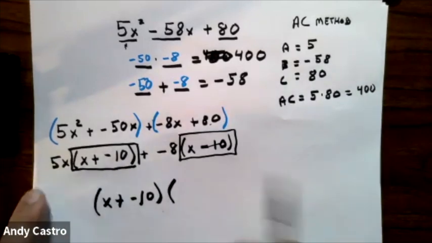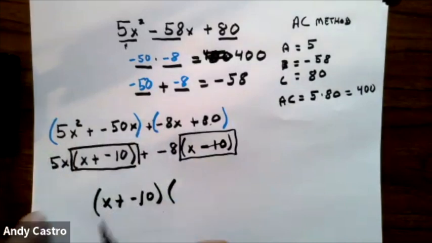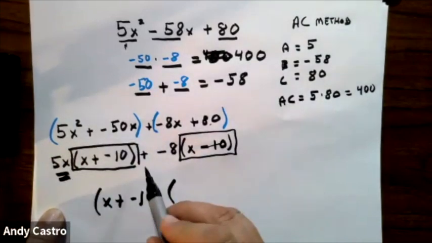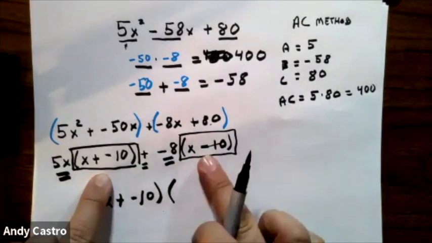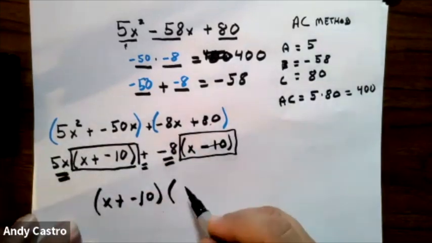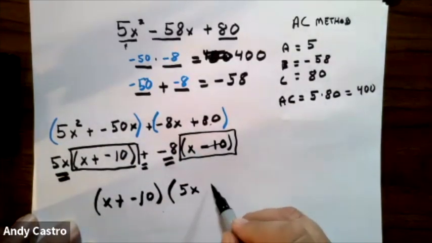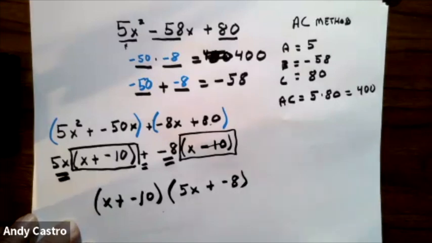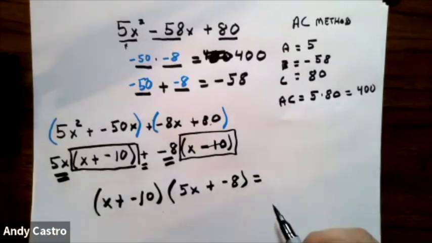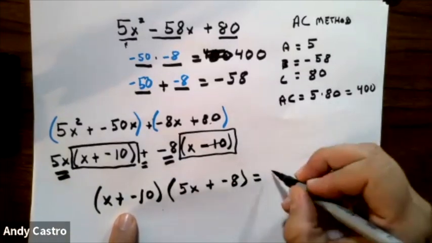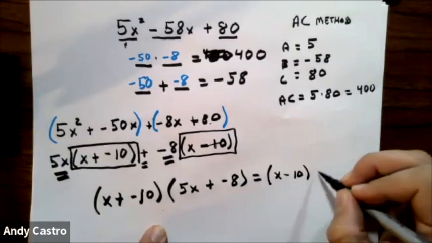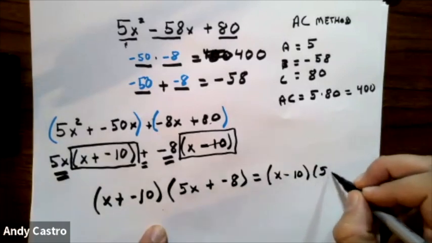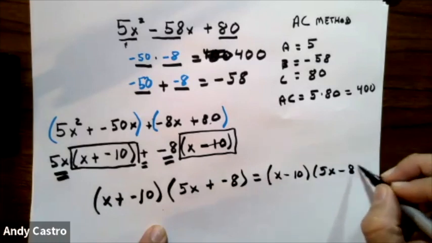And what I'm left with, since this and this have been pulled out, is 5x plus negative 8. All right, now I'm going to write that normally. This is going to be x minus 10 times 5x minus 8.